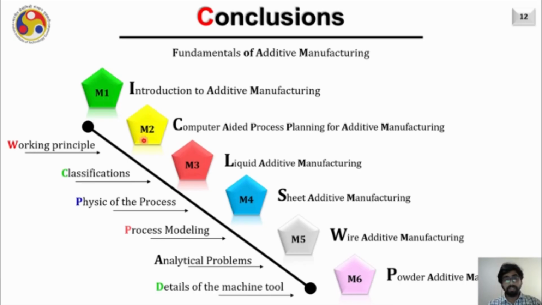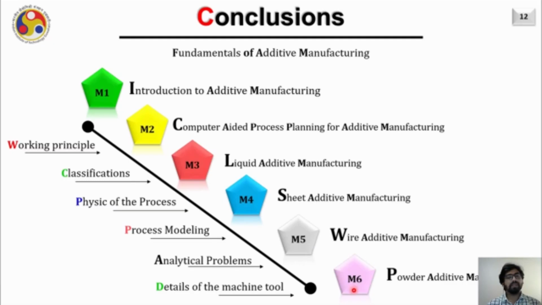Then we discussed in detail the computer aided process planning for additive manufacturing in module 2. We also discussed liquid based additive manufacturing in module 3, sheet additive manufacturing in module 4, and wire additive manufacturing in module 5.